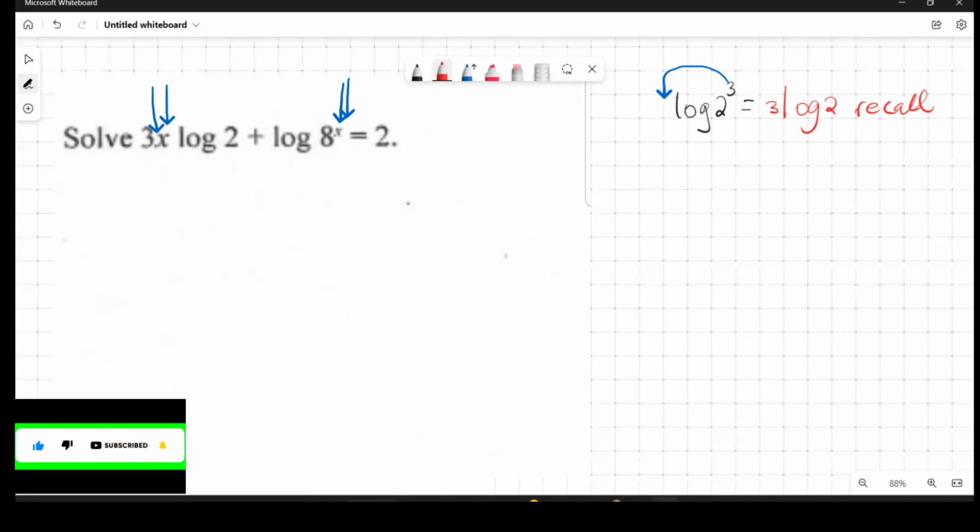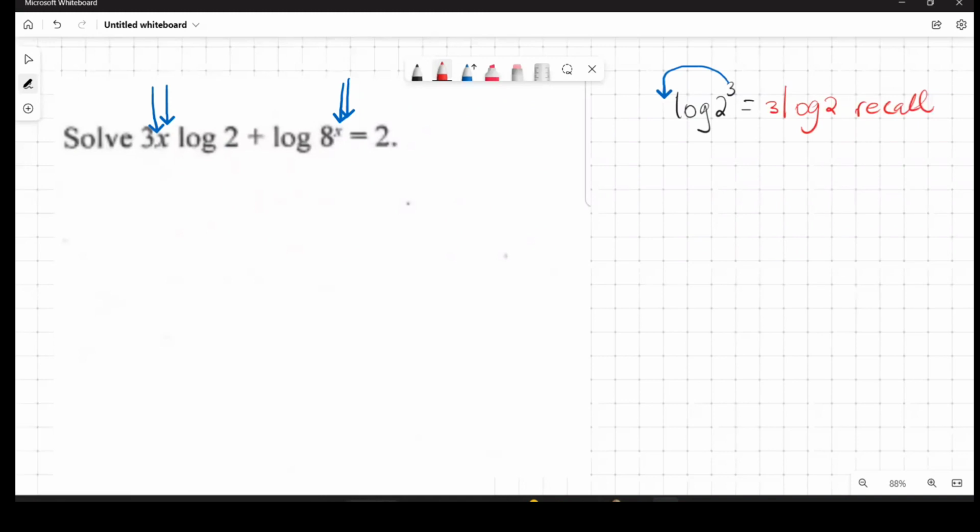We could do that. Also, I can manipulate the 8 to look like a 2 as well. So remember, 8 is actually seen as 2 to the third. So if you really think about this, if you see 8 to the x, basically you have 2 to the third with x outside.